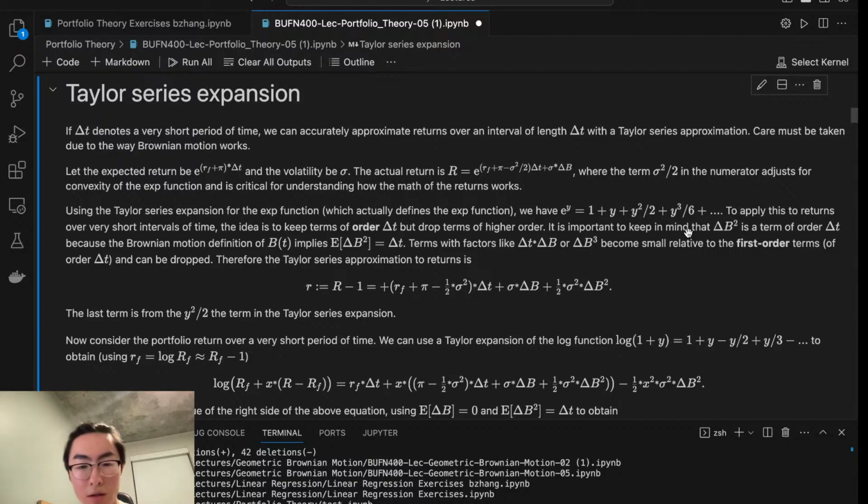Terms like delta b are small relative to the first order terms of order delta t and can be dropped. Therefore, the Taylor series approximation to returns is r equals r minus 1, which is equal to rf plus pi minus 1/2 sigma squared times delta t plus sigma times delta b.